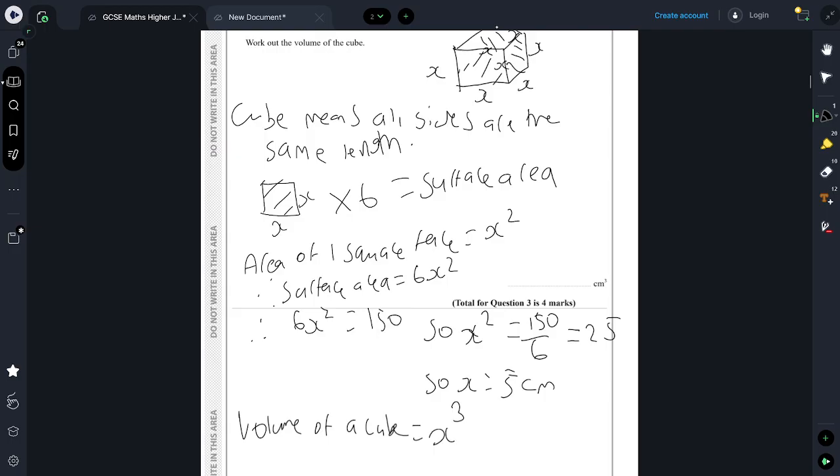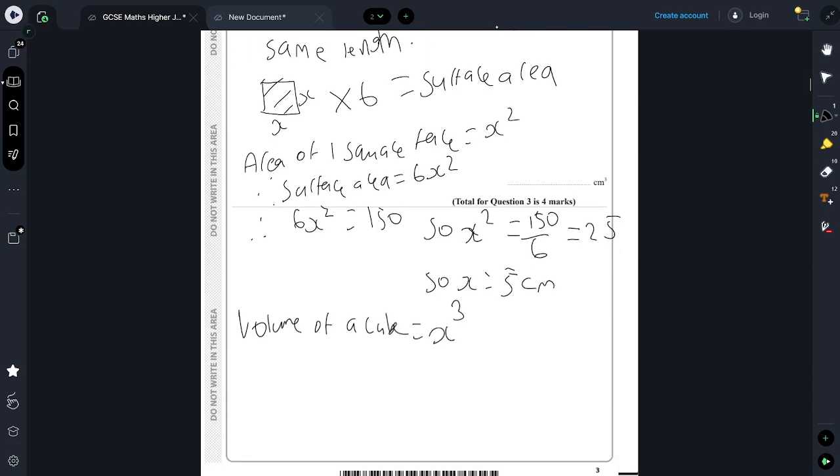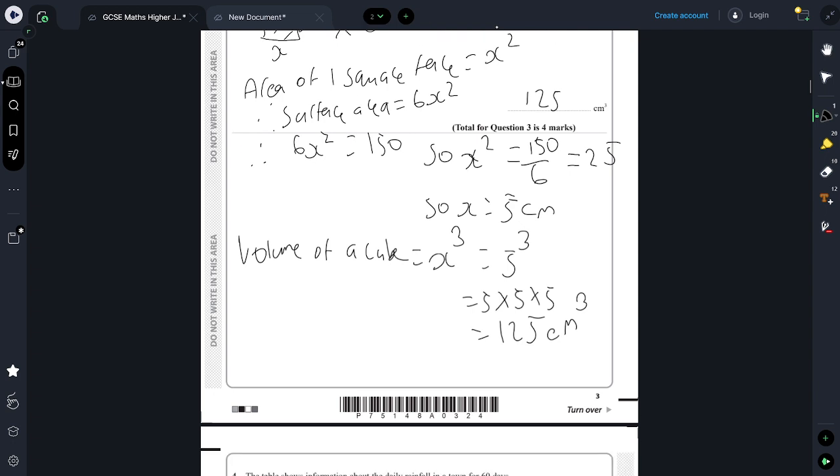So you times the side length three times, so it's x cubed. Now, you know what x is, so it's 5 cubed, which is 5 times 5 times 5, which is 125. And that is your answer. Okay. Lovely jubbly.